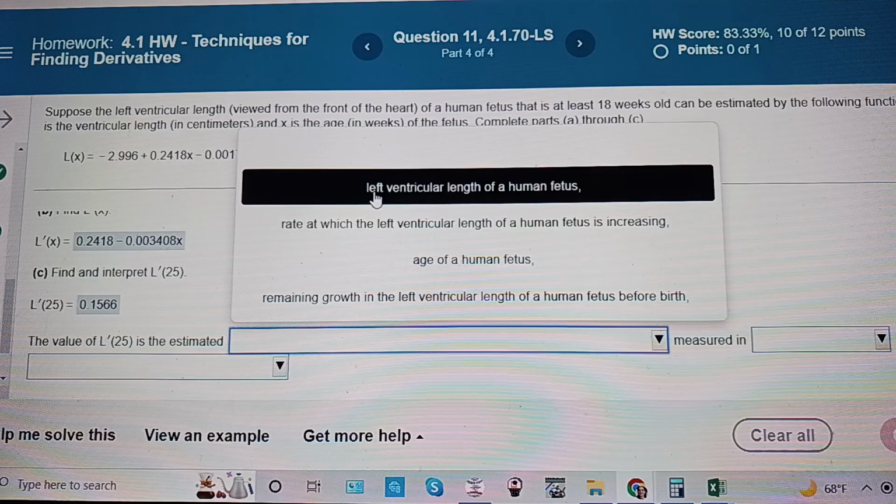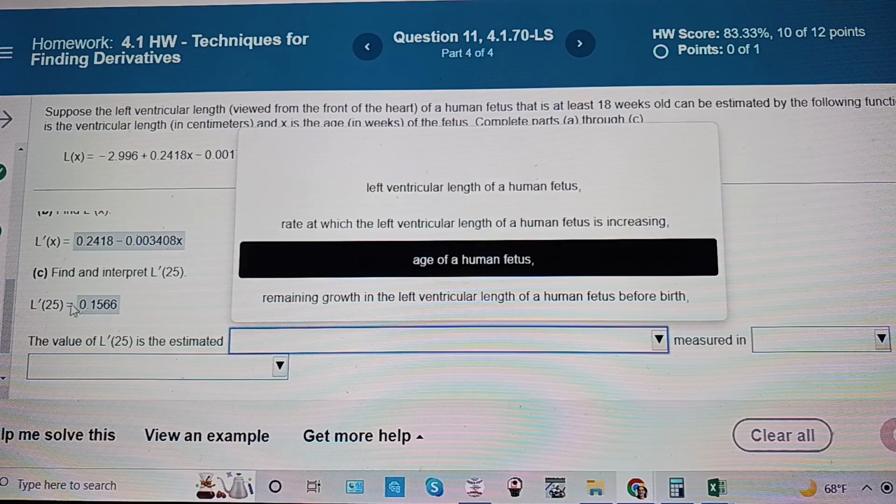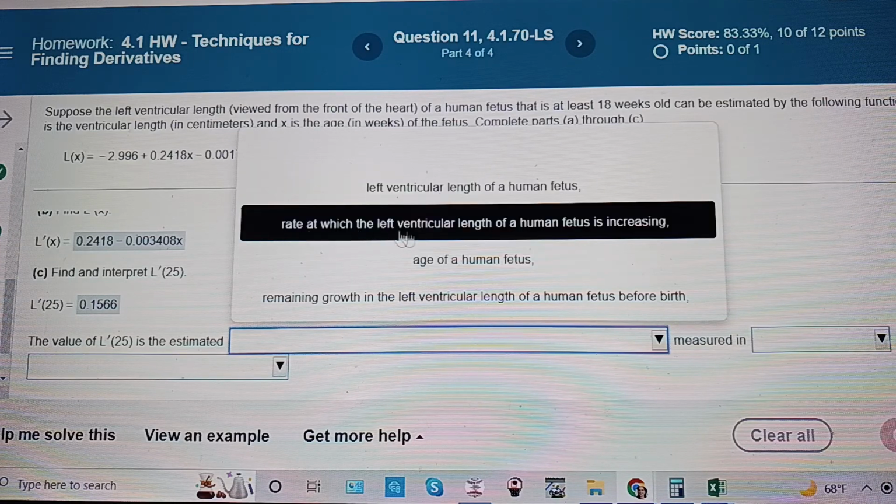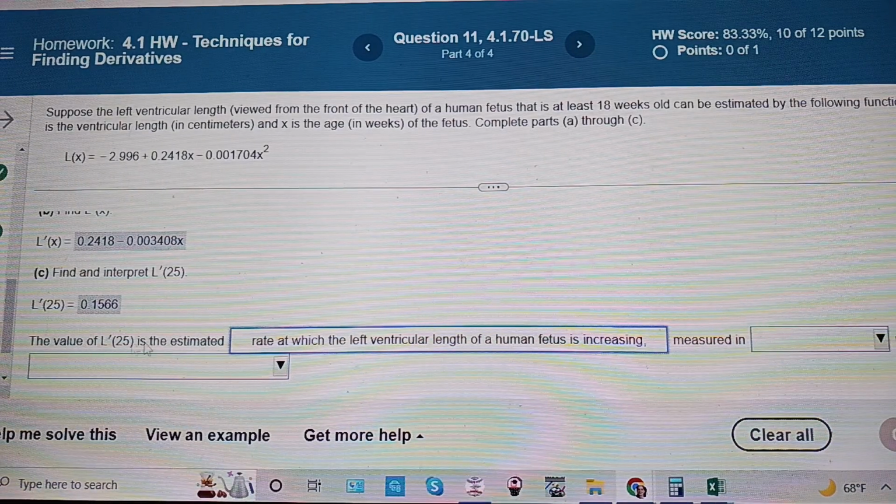So it's not just the L, the length, that's the regular function. The derivative is the rate at which the length is increasing because it's a positive answer. So the derivative is always a rate at which the length is increasing. If this had come out negative, they would have said decreasing right there.